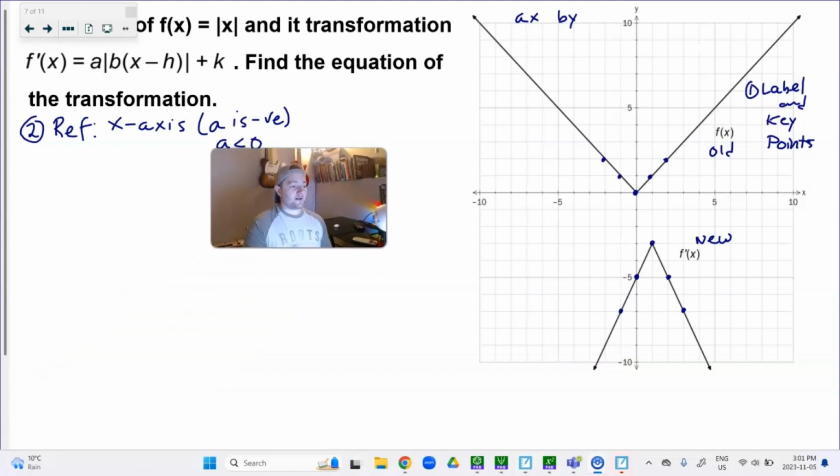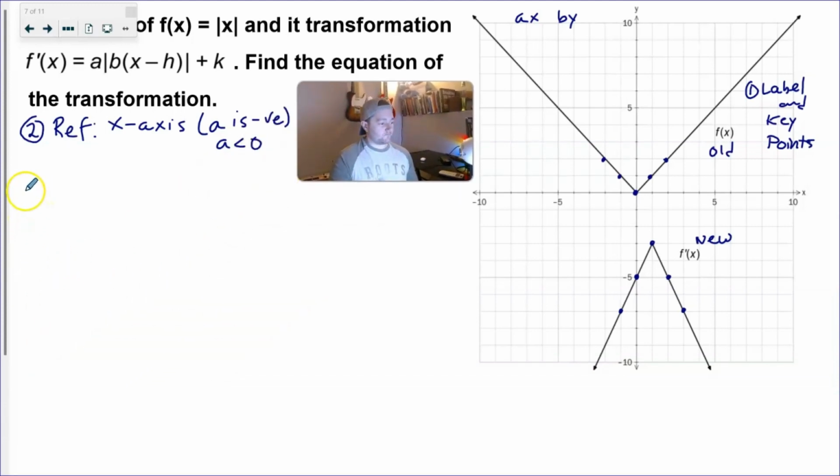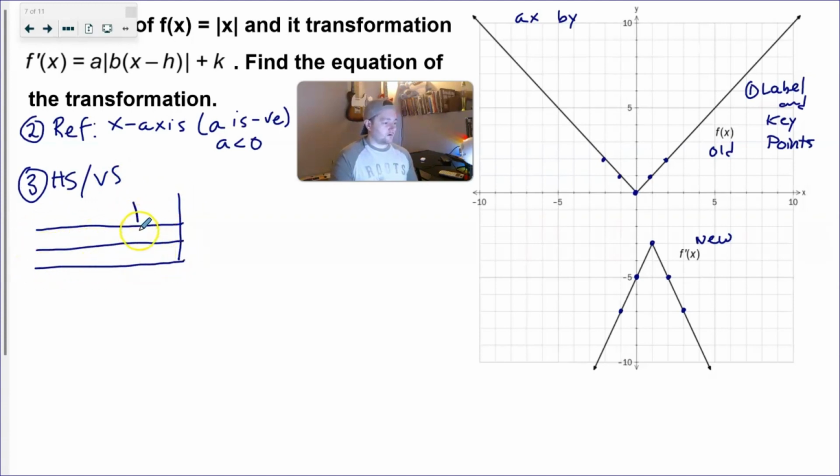All right, so once we got that done, then we want to look at the stretches. So HS and VS. What I normally do for this is I make a little table, and this little table helps me organize my information and make sure I don't make any mistakes, which doesn't really help me, but it is what it is.